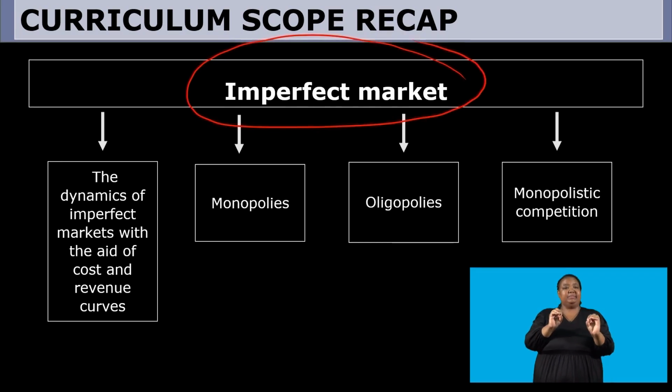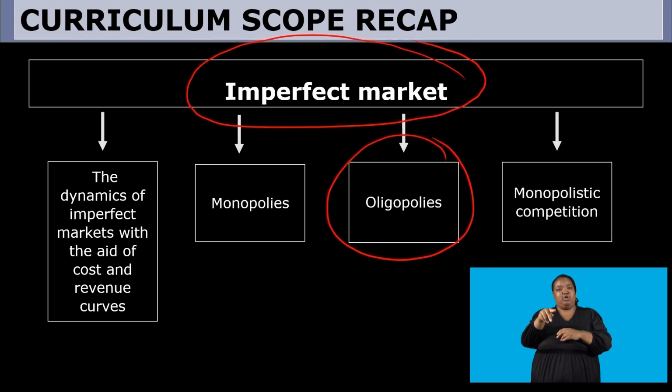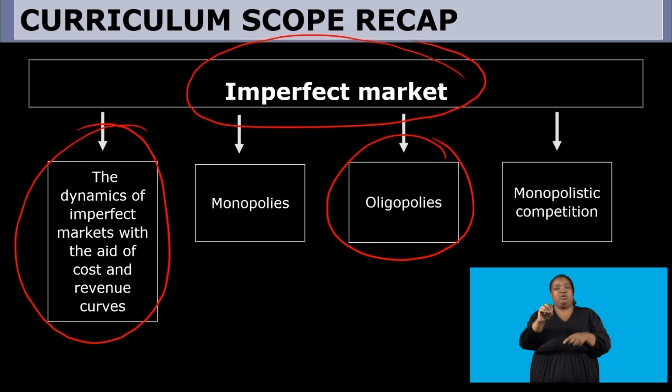Welcome back. We are now wrapping up our lesson. In our lesson, we were discussing imperfect markets, and in particular, we're looking at oligopolies, studying the dynamics of oligopoly as an imperfect market with the aid of cost and revenue curves.